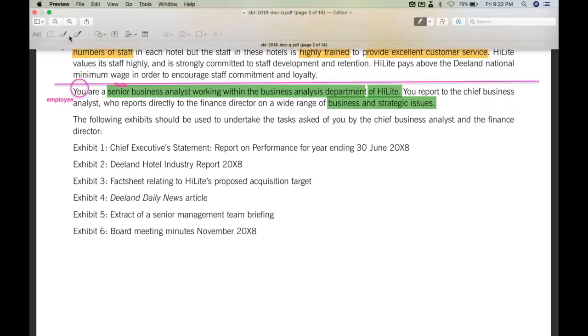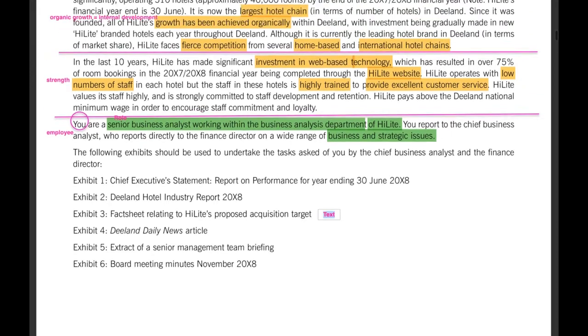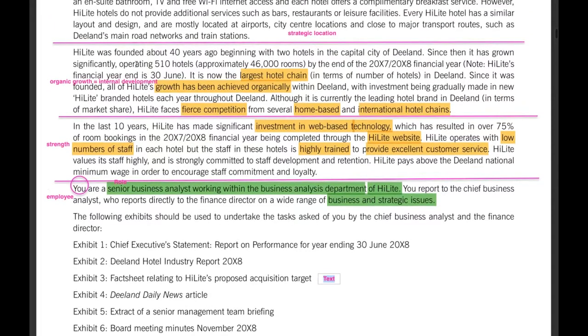Oh, it's a strategy. Perhaps that's the new strategy. Here it says it's a proposed acquisition target. Remember that when you read the whole introduction just now, you found that all the while, Highlight has been expanding through internal development.